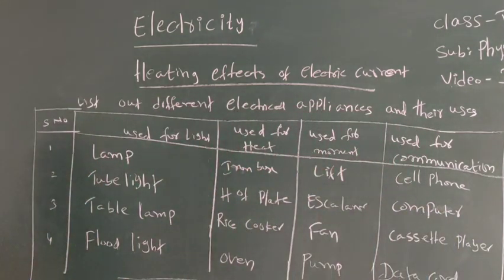So these are the heating effects of electric current. List our different electrical applications and their uses. Okay. Next one, tube light and compact fluorescent lamps, CFLs.